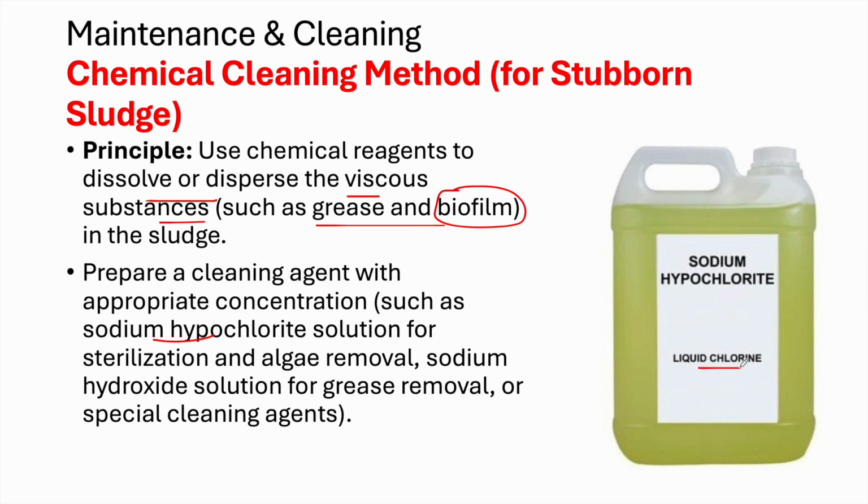And this is very effective to sterilize and to remove algae. We can also use sodium hydroxide for grease removal or special cleaning agents. Sodium hypochlorite is actually a very easy and cheap way to clean and disinfect a tube settler.